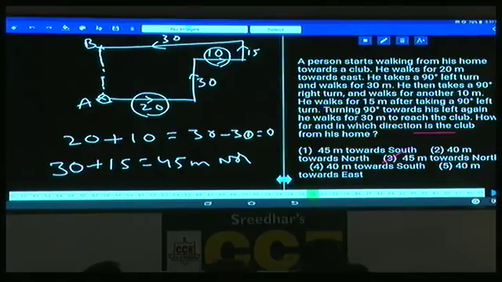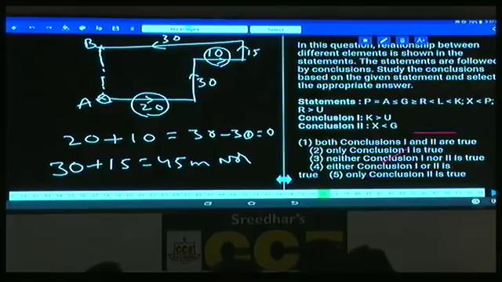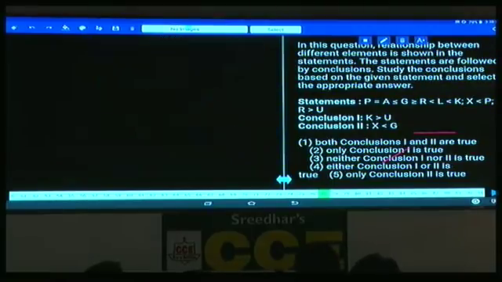Then question number 77. Now questions 77 to 81, inequalities. K and U. What is the relation between K and U here? K is here and U is here.